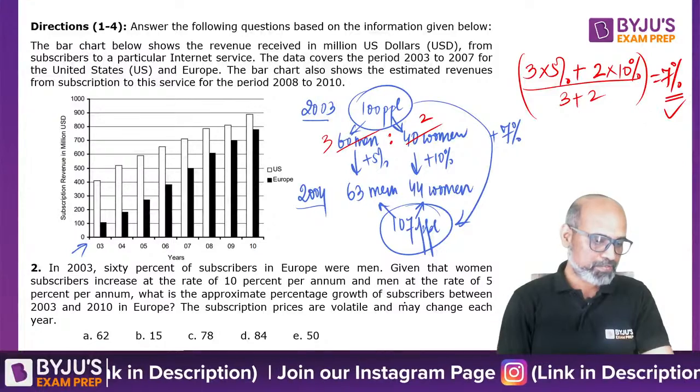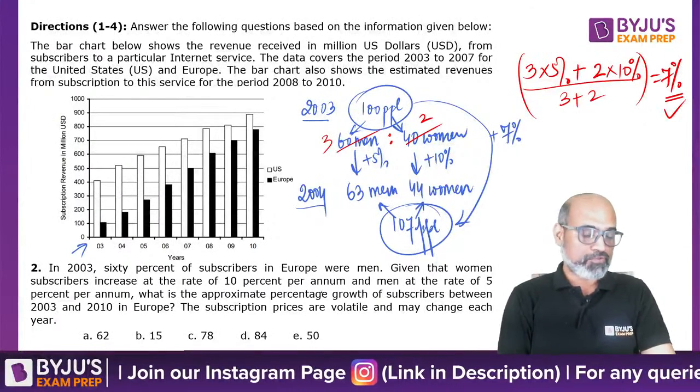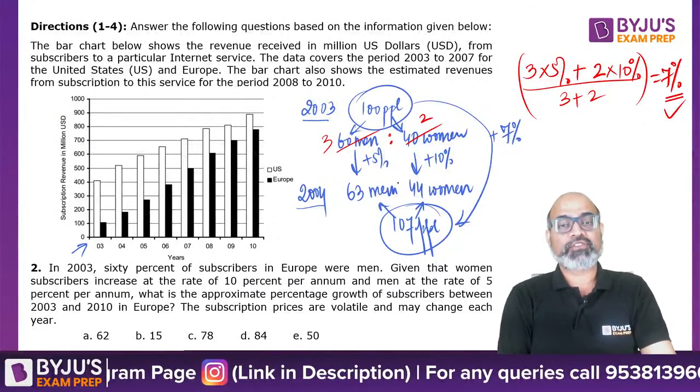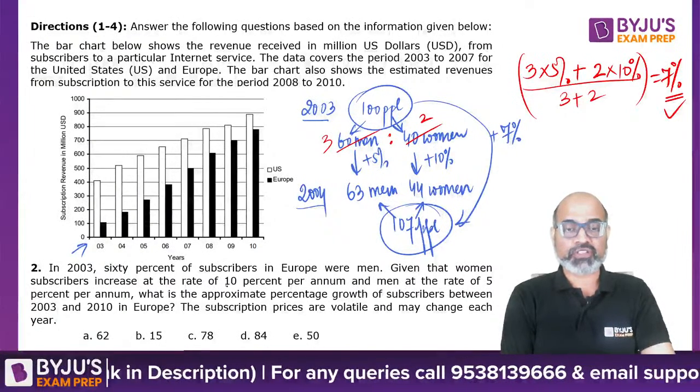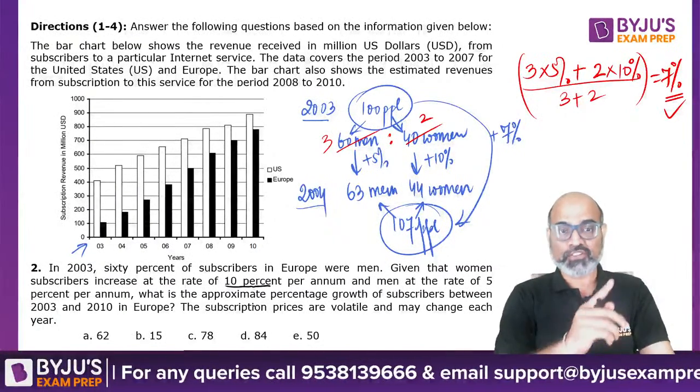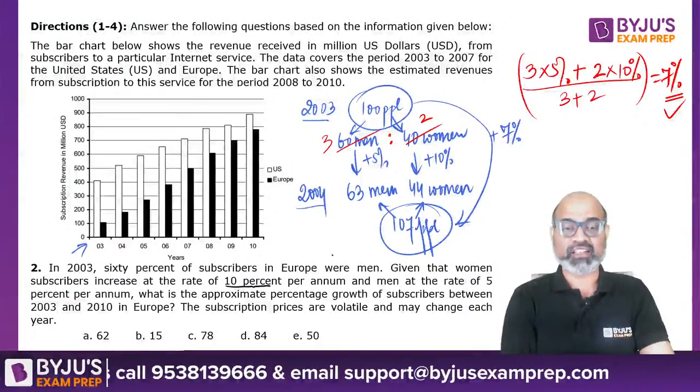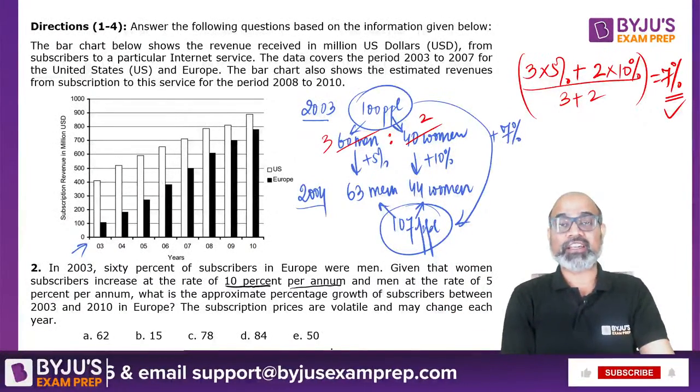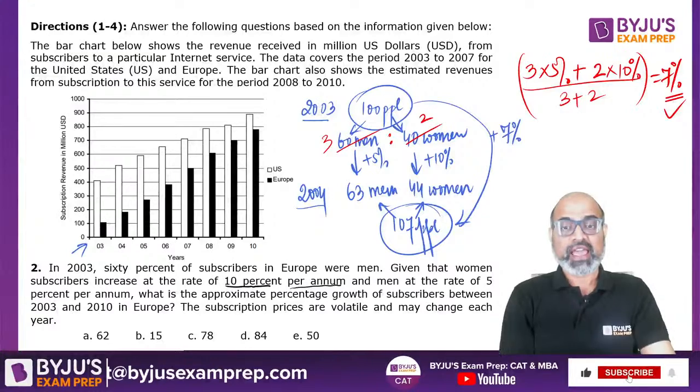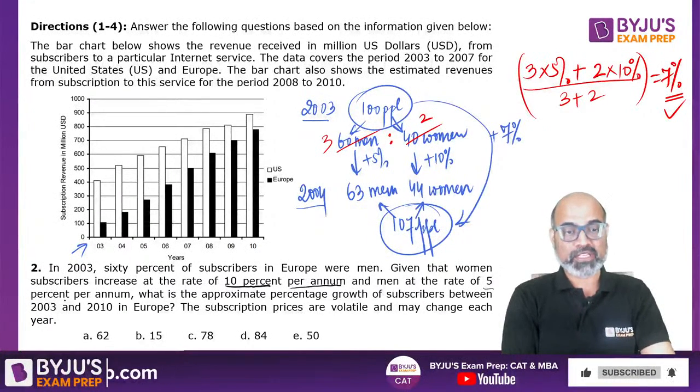Since it is from 2000, Varun, we are using 2003 to 2004 because this 10% is not from 2003 to 2010. This 10% is every year per annum, and for men it is 5% per annum.